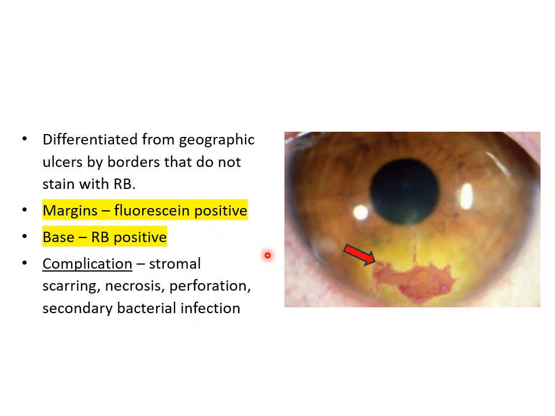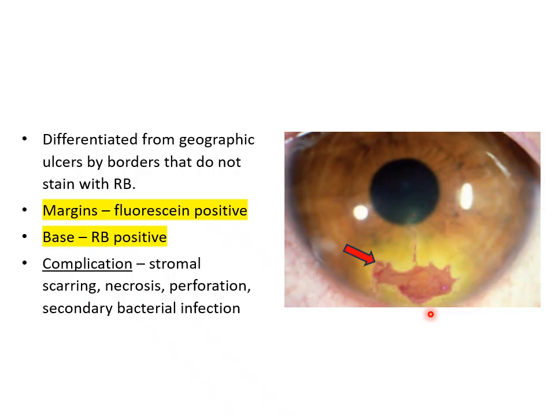Because the base contains unhealthy epithelial cells which are trying to migrate, which are trying to cover up the defect. So the rose bengal dye would still stain these cells which are abundant in the base of the ulcer, right? So that explains the rose bengal positivity of the ulcer base.